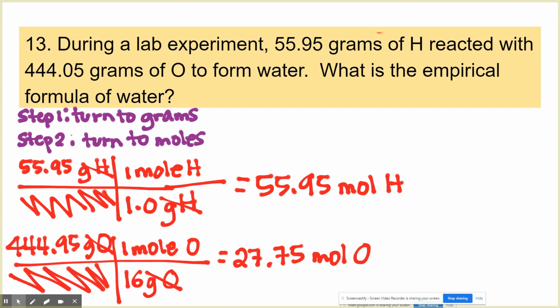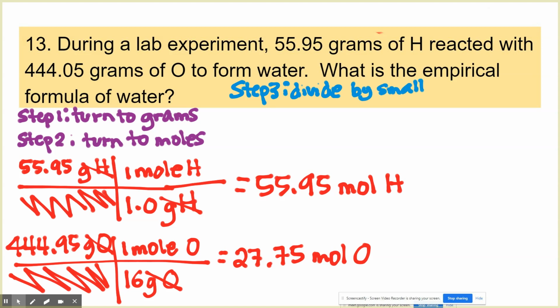All right. Let's do now step 3. If you still remember, step 3 would be dividing the answers by the smallest one. So step 3, divide by small. So let's write that down.